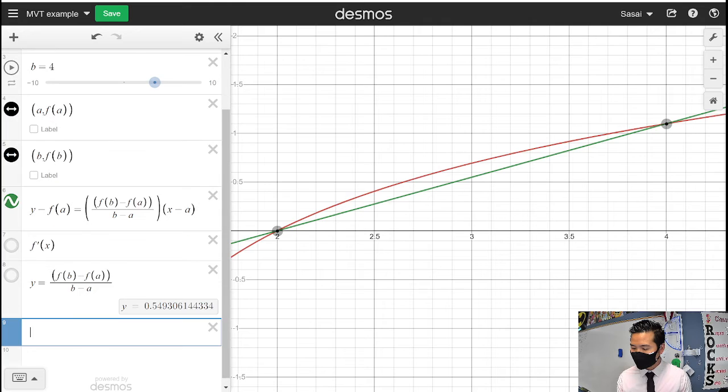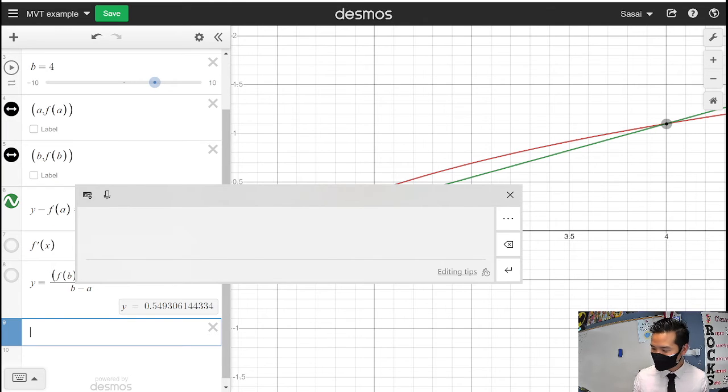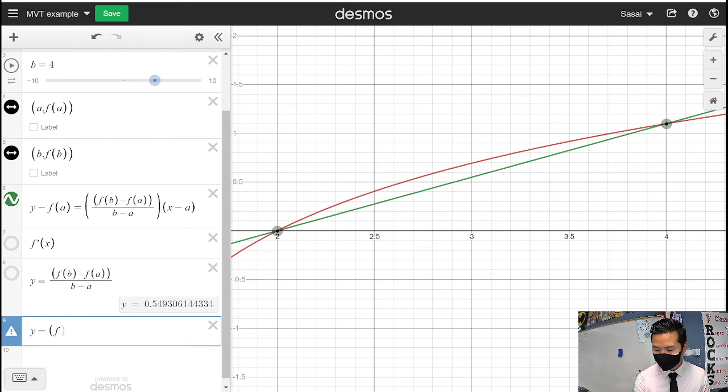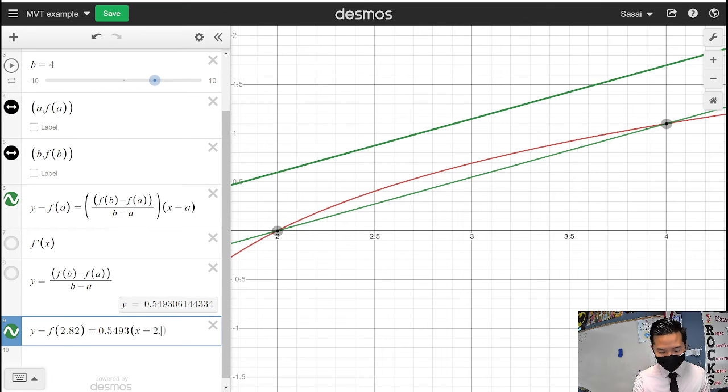Yeah, let's go ahead and, oh man, I hope I can still do this. y minus f of 2.82 is equal to 0.5493 times x minus 2.82.